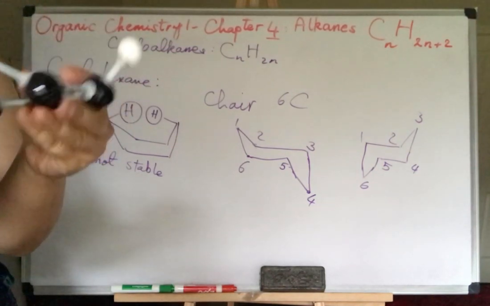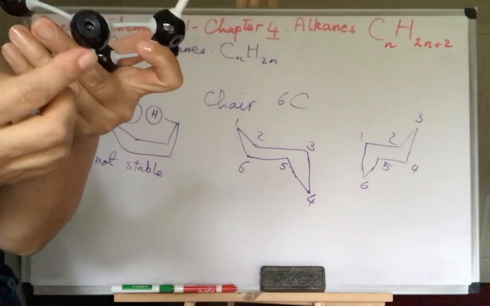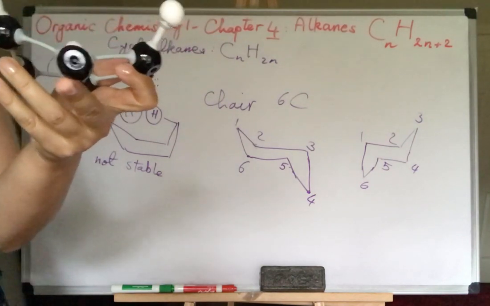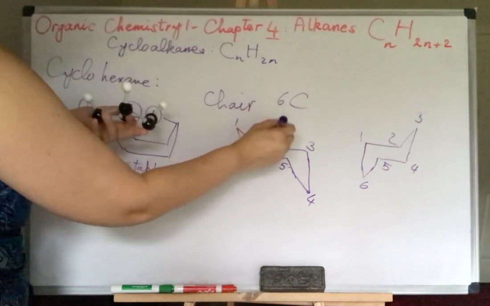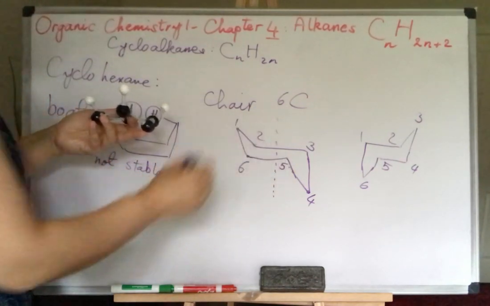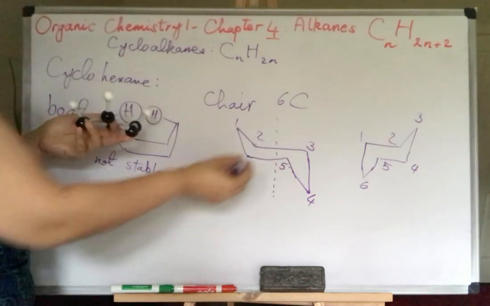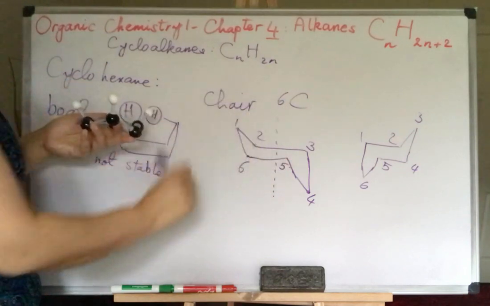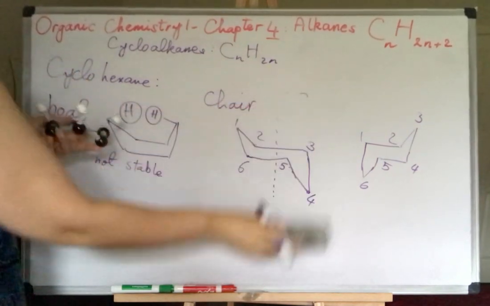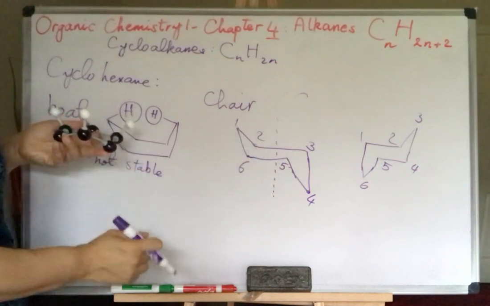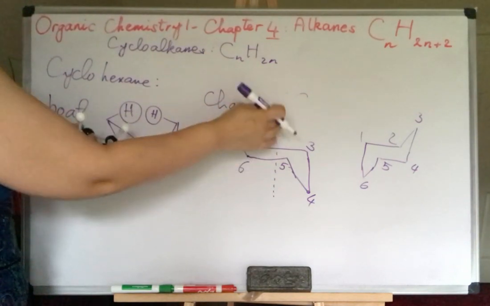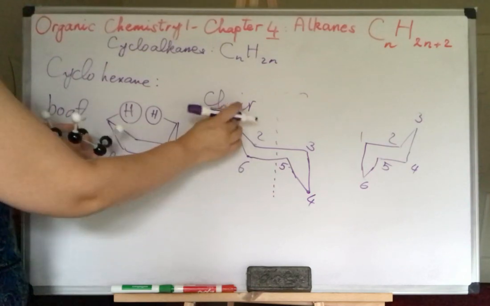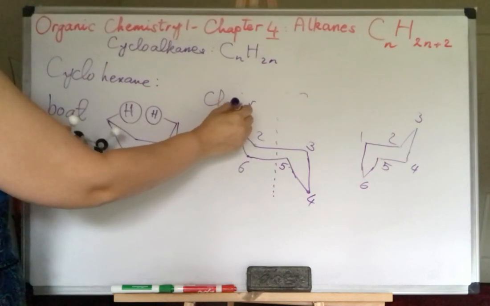And now go ahead and connect the rest of these hydrogens, which are called axial hydrogen. Axial. If you consider a perpendicular axis going through the middle of the molecule, the hydrogens which are parallel to this axis are called axial hydrogen.